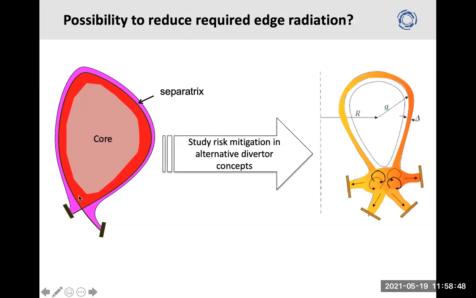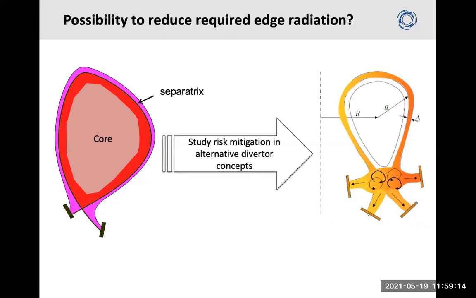So a single null divertor, so one magnetic null point. But what if it doesn't work? What if this concept of a single null divertor doesn't work? Well, then some people have come up with a concept of what is called the snowflake divertor. It's called snowflake divertor because it looks a little bit like a snowflake when you look at the magnetic equilibrium.